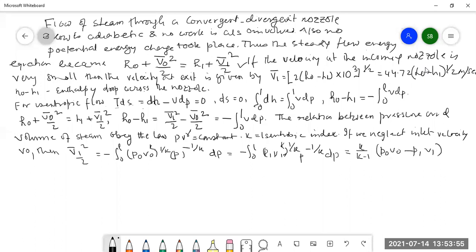Now, if we write the equation like this, K by K minus 1 multiplied by P0 V0 outside the bracket, then that is equal to 1 minus P1 by P0 to the power.